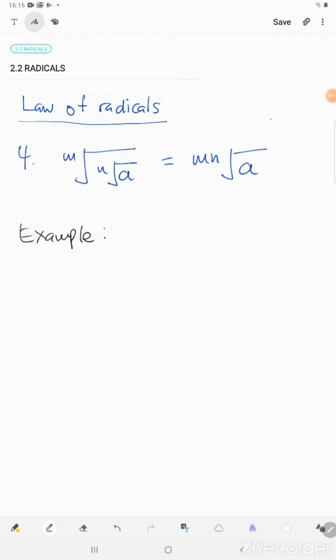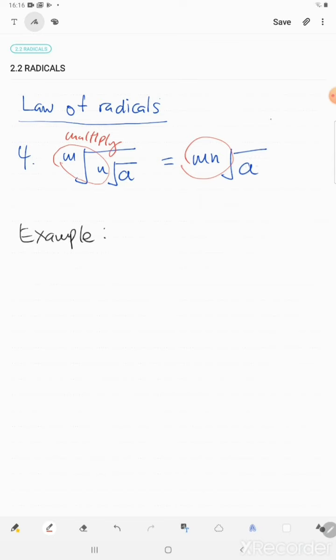Now law number 4, we have here the m root, and inside the m root we have the n root. For this one you can just multiply, and the answer will be the mn root of a.